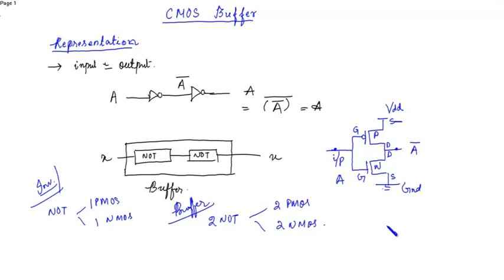So you can say this is one NOT gate, so we have to place another NOT gate over here. Now let's move to the schematic part.